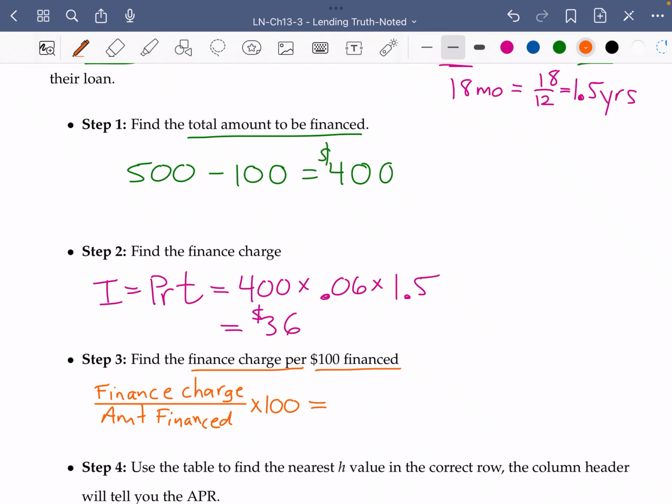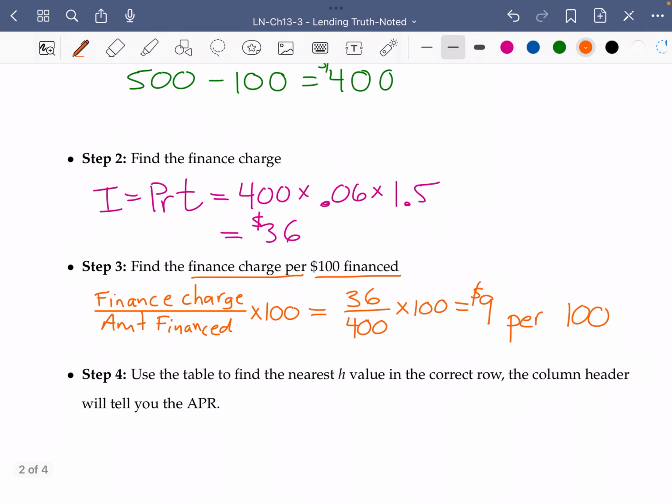Here we have $36, which is how much we're going to pay in interest. We borrowed $400. And when we calculate this, we end up with $9. So we have to pay $9 in interest per $100 borrowed. Great. Now, how do we find out what our APR is?